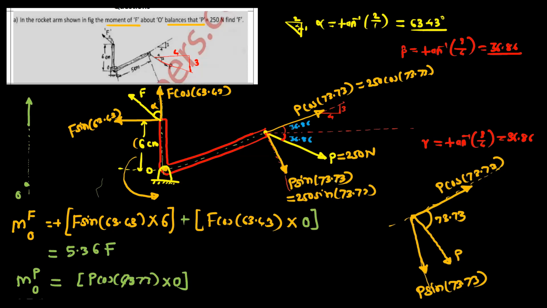Second is P sin 73.73, which is 250 sin 73.73, the force, into the perpendicular distance. This component is exactly perpendicular to this arm, so this total distance is the perpendicular distance, and it is given in the problem as 5 centimeter. So this is 5. And this moment is clockwise, so it is negative.